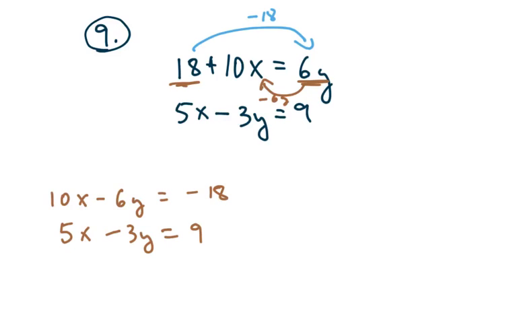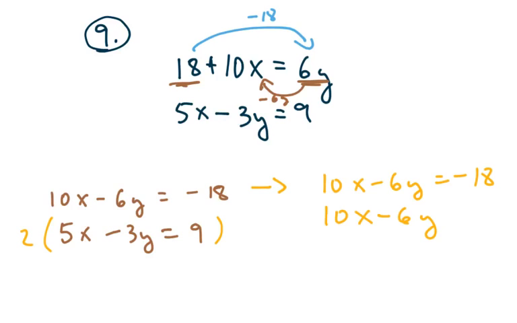We can see something happening here. What I'm going to quickly do is multiply the bottom one by 2, and I get 10x minus 6y equals negative 18 on top, and the bottom one is going to be 10x minus 6y equals 18.